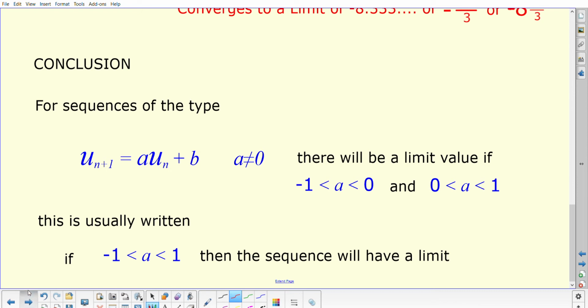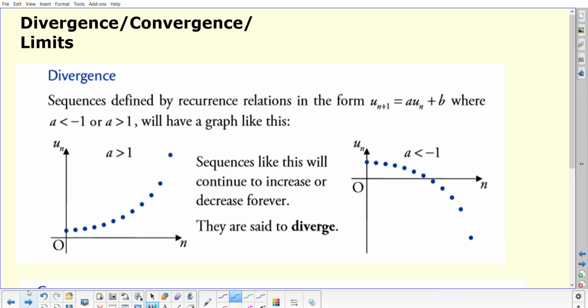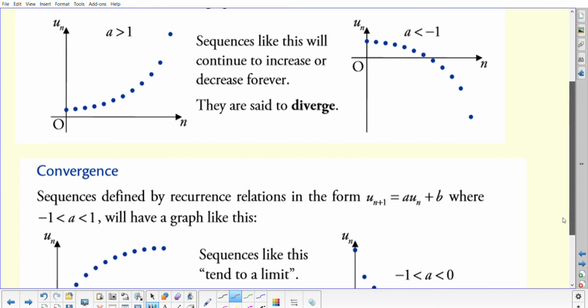As we saw previously, there are graphs that can demonstrate this. If it's divergent, so if your a number is greater than 1, it's getting bigger and bigger all the time. If your a number is less than -1, then your sequence is going down the way.